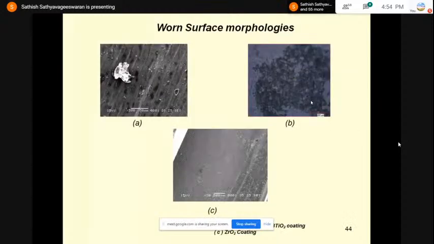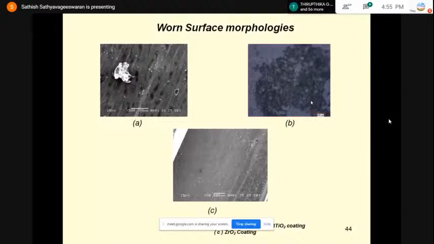On the other hand, if you look at the zirconia coating, it is indicated by the green color graph. Its current density, that is ICAR value, will be very much higher when compared with the bilayered coating. And once the corrosion current density is very high, it indicates that it is having very poor corrosion resistance. This is mainly due to the presence of more pores and cracks observed in the microstructure.